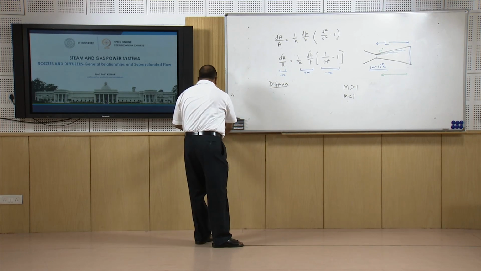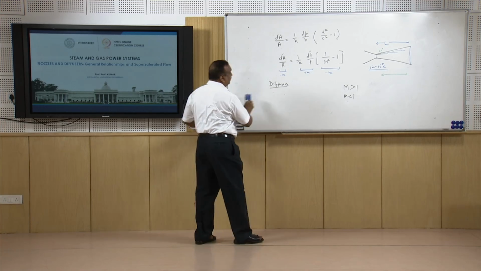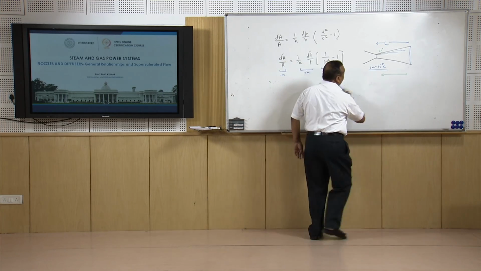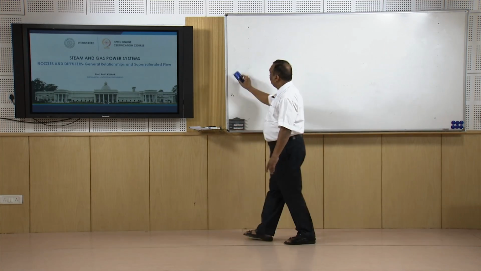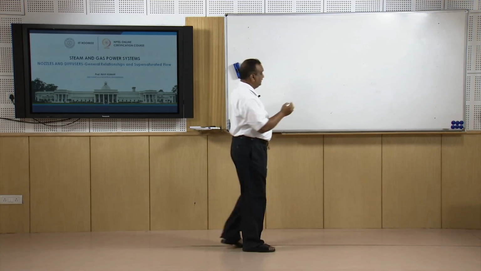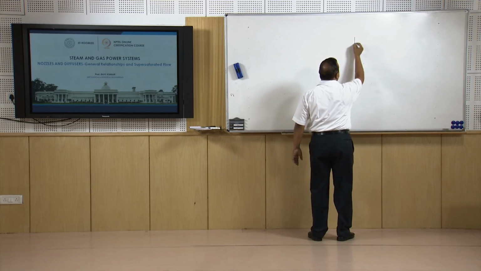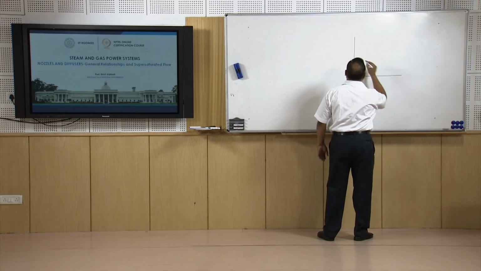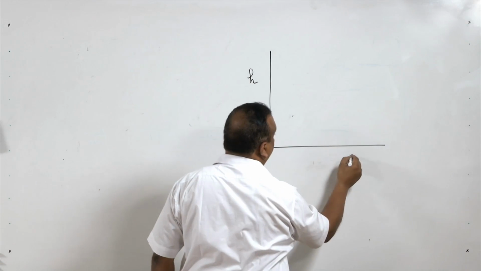There is a phenomenon during the flow inside a nozzle which is known as supersaturated flow of the fluid. In supersaturated flow of the fluid, what happens? Suppose I depict expansion in a nozzle on an enthalpy and entropy diagram.